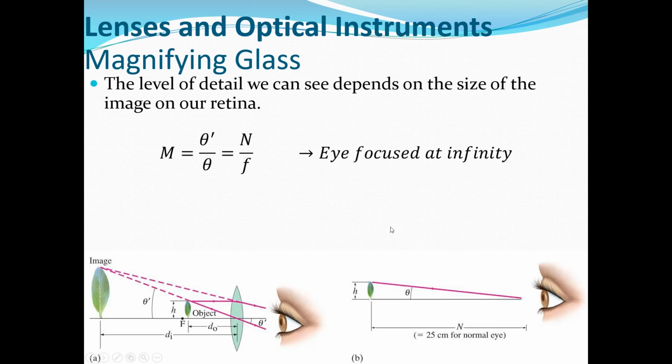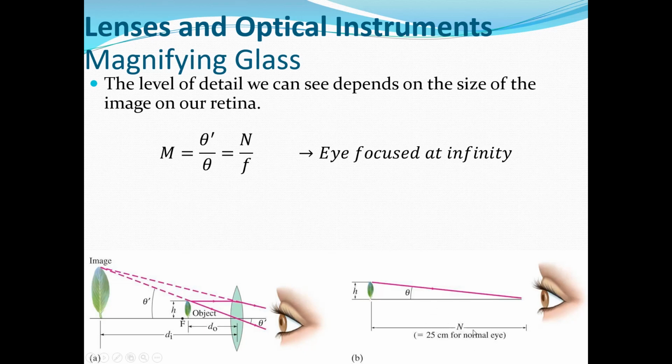This is talking about magnifying lenses, and the magnification that we get. This is for an eye focused at infinity. What we end up getting are things like this. The theta is the angle that you would see the object from a distance of 25 centimeters.